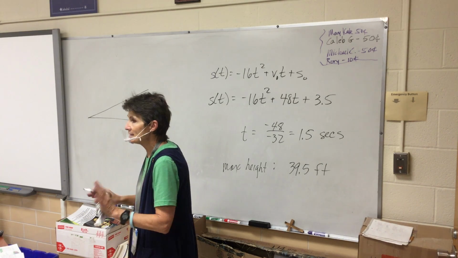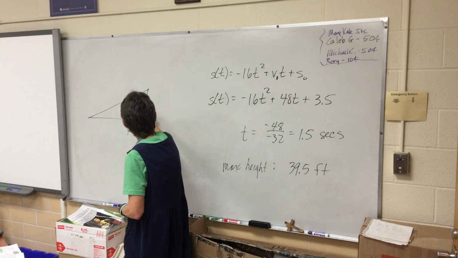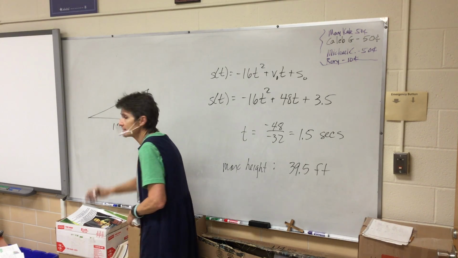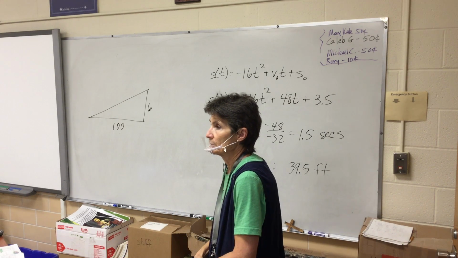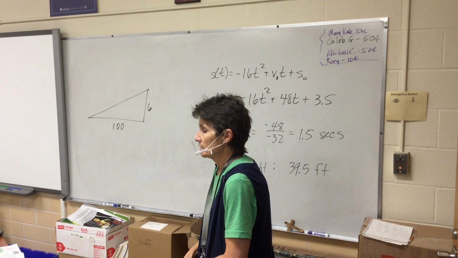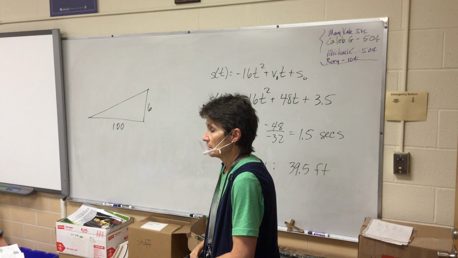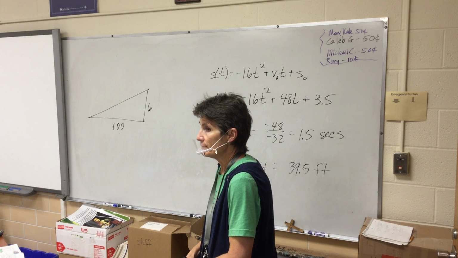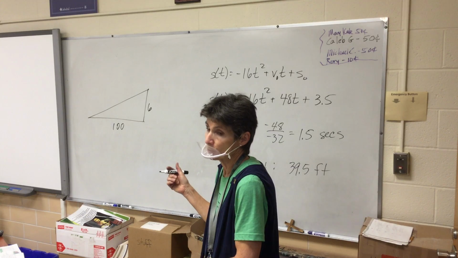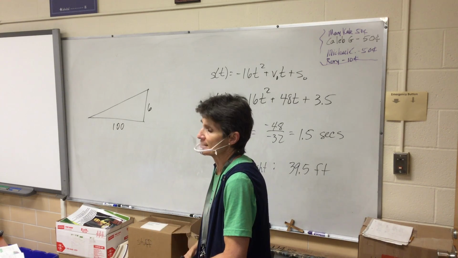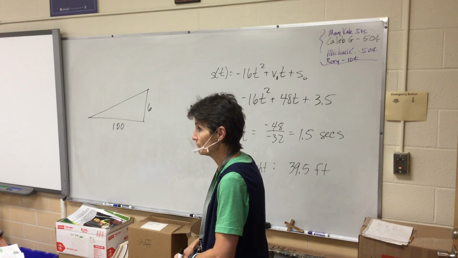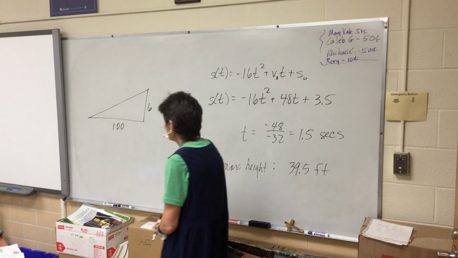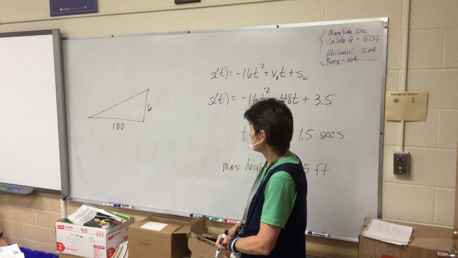And what that means is rise over run is 6%. So 6 over 100. All right? And that's actually a pretty steep grade. It doesn't seem like it should be, but you try walking up that, or if you're driving up that, you'll feel your car shift. That's a pretty steep grade.